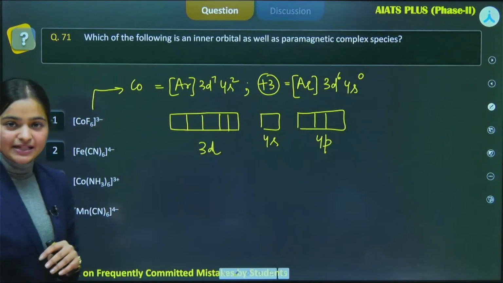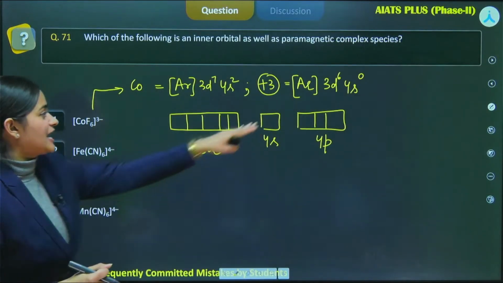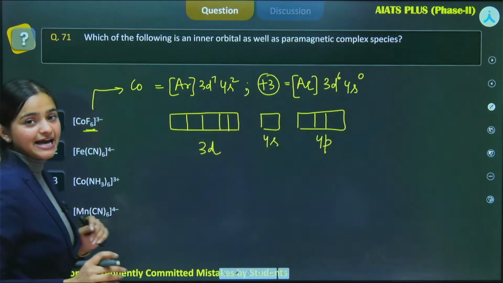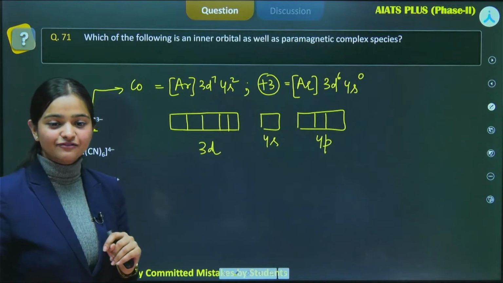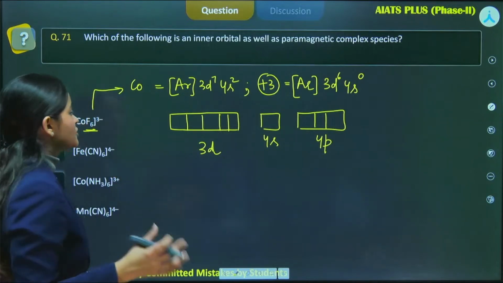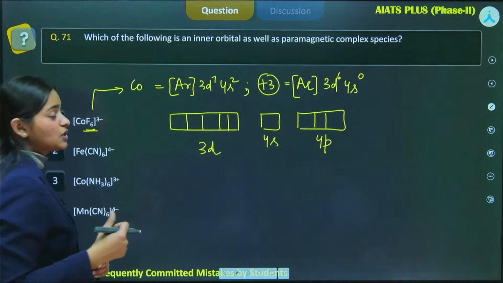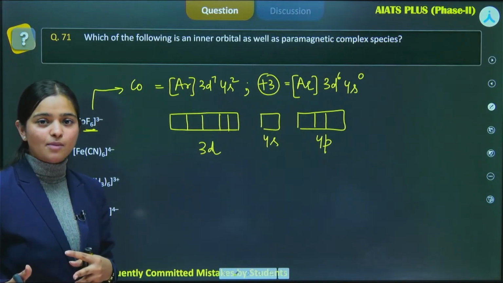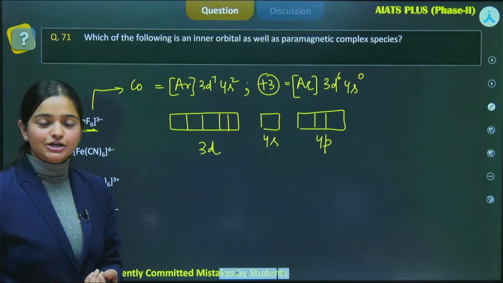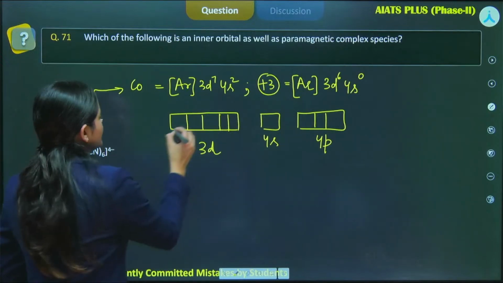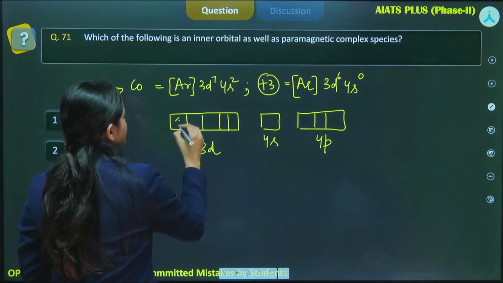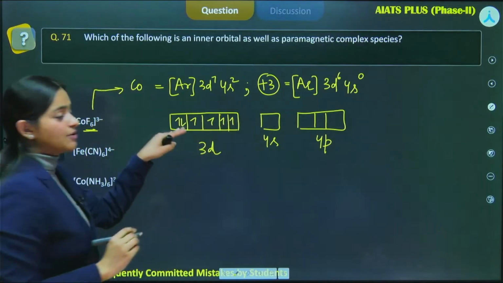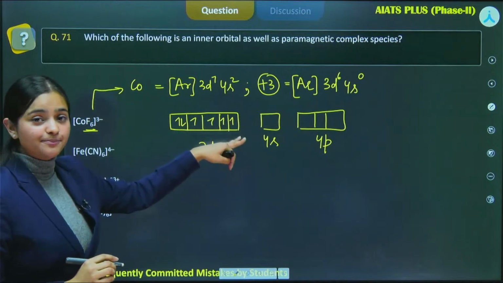So if we try to fill the electrons here, then we have 6 electrons, and the ligand that we have, fluoride ions, we all know that they are weak field ligands, right? So weak field ligands, do they pair up the electrons present in the complex, or do they not? They don't pair up. So the configuration becomes, we have a paired couple and 4 unpaired electrons.